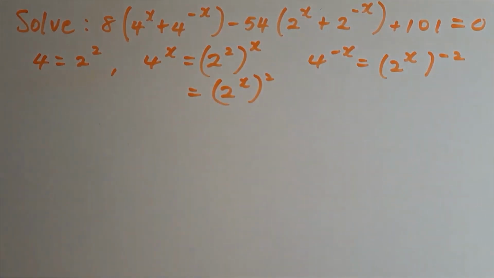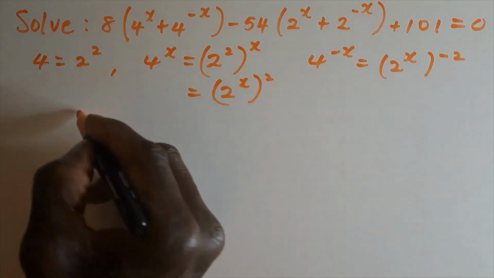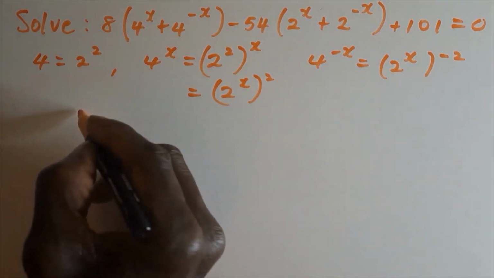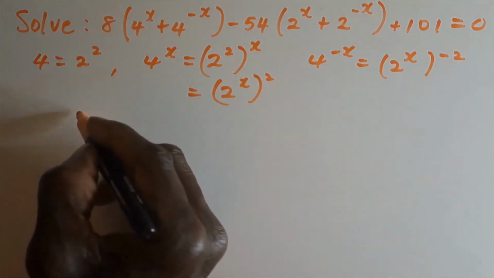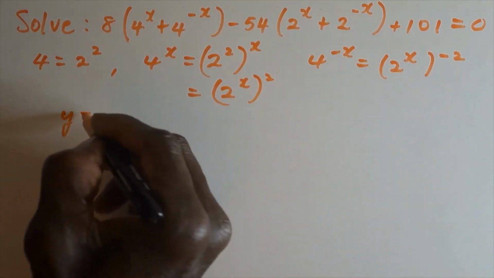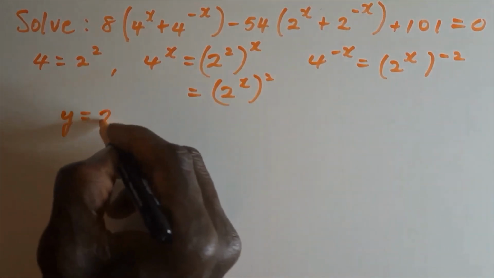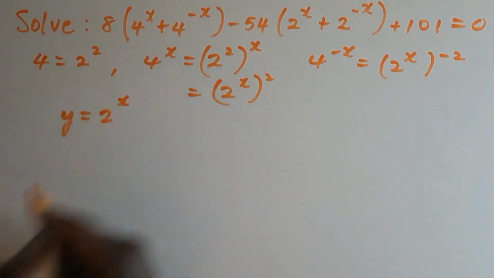So now we can rewrite our equation, and we can now use y is 2 to the x.